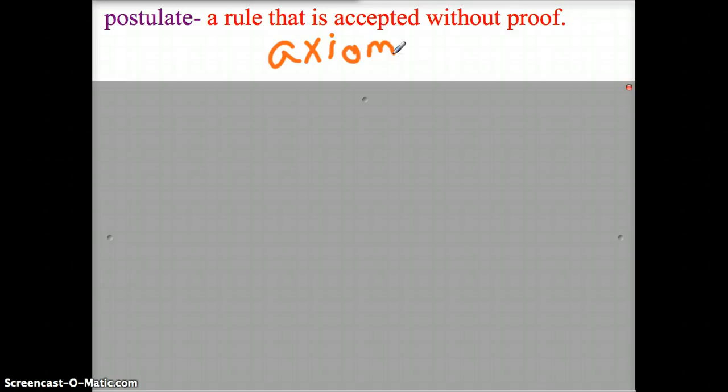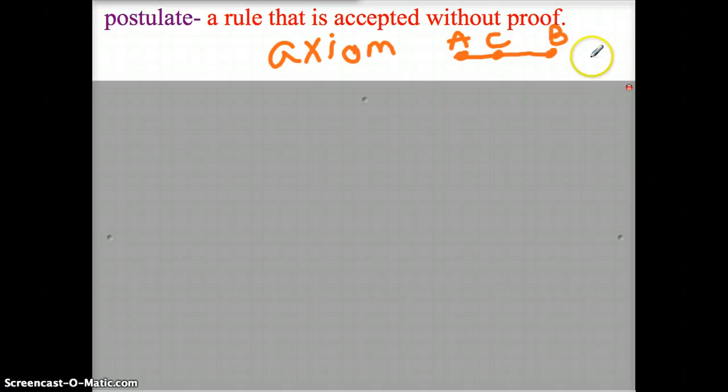And axioms, it's like, okay, so let's say you've got a line segment. Over here we have point A, over here we have point B, and somewhere in the middle is point C. Well, one of the postulates says that if you take this whole length AB, that's the same as taking AC plus CB.